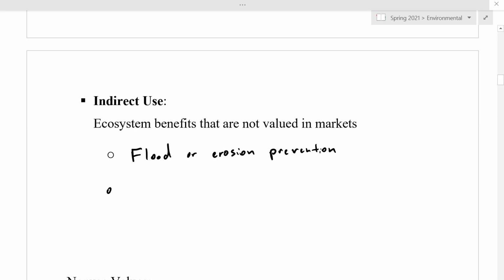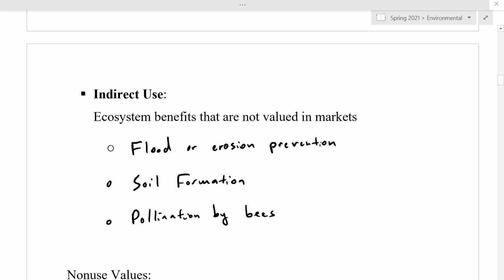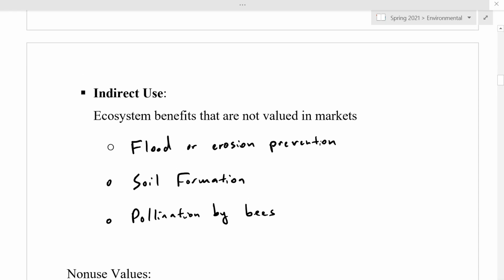So, flood prevention, soil formation, or, among many possibilities, pollination by bees. Huge benefit to society with bees pollinating our food, but that's sort of an indirect use derived from us protecting environmental resources that help to protect the bees.